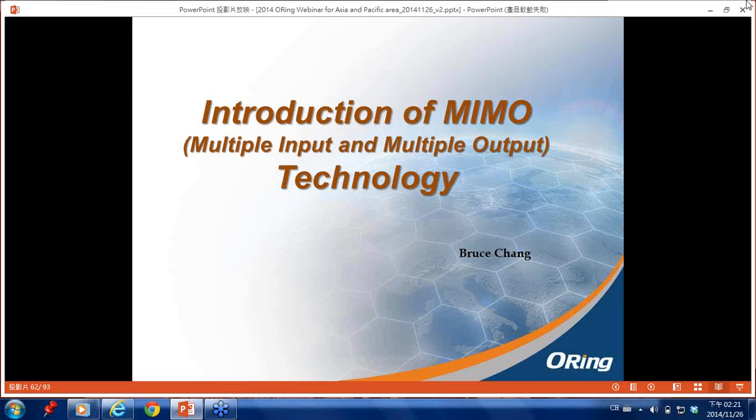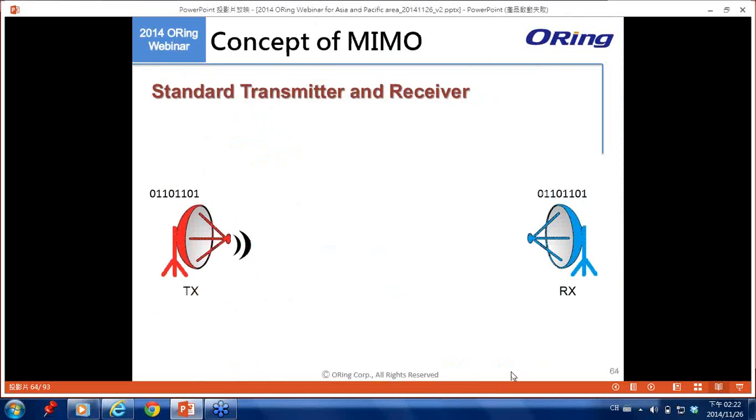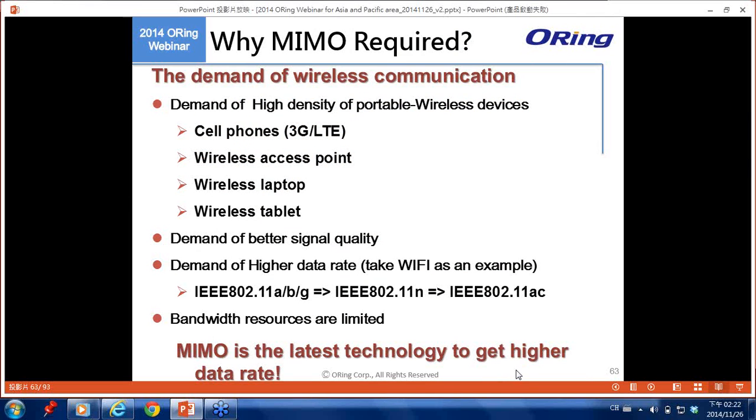Today we will talk about the concept of MIMO technology. I believe most of you have heard about it, but probably don't have a complete idea of this MIMO technology for wireless communication. Why do we need to use MIMO technology? Nowadays, wireless communication has completely changed our living style.